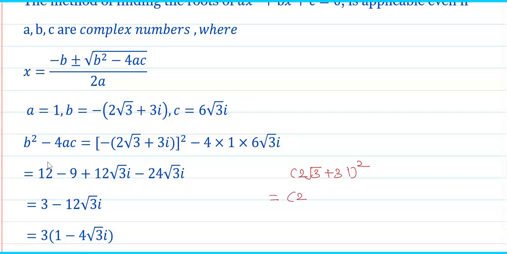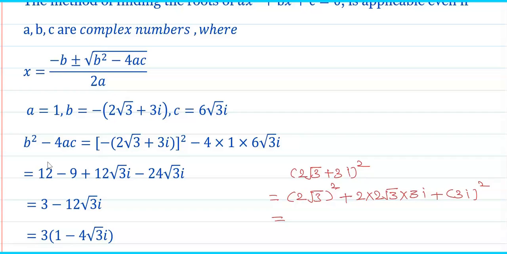2 root 3, 2 root 3 bracket square plus 2 times 2 root 3 into 3i plus 3i bracket square. Okay. 2 root 3 that's a square करणार. The square of 2 is 4.